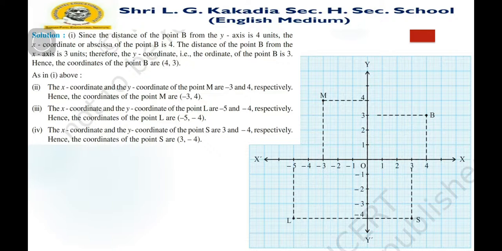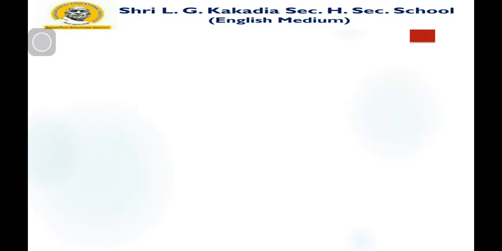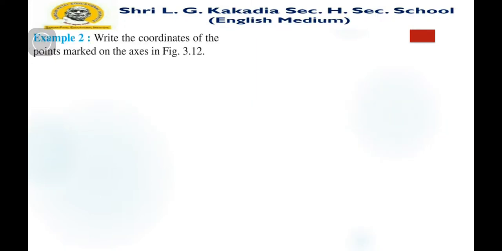It is in the third quadrant, so we can see here -5, -4. Similarly we can find that the x coordinate is 3 and the y coordinate is -4. In this way we can denote the coordinates of any point on the plane, as well as write the coordinates of the points marked on the x-axis.